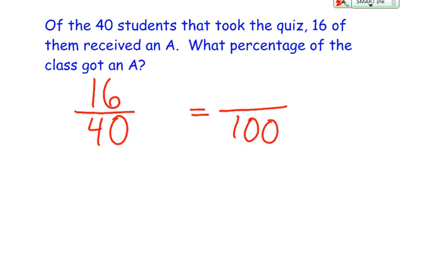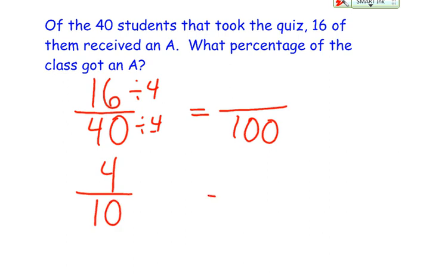Now there's a couple different steps that we can take. Step number one might be looking here at our 16 and our 40 and realizing that that is a reducible fraction. And so if I divide both of them by 4, I'm going to get an answer of 4 over 10.